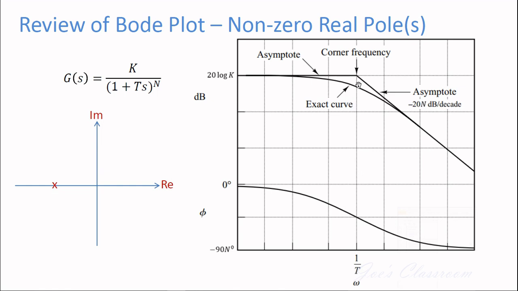Beyond the corner frequency, the slope of the line is going to be minus 20n decibels per decade. Similarly, the phase plot is going to be a nonlinear curve starting from 0 and reaching minus 90n degrees as omega increases from 0 to infinity.